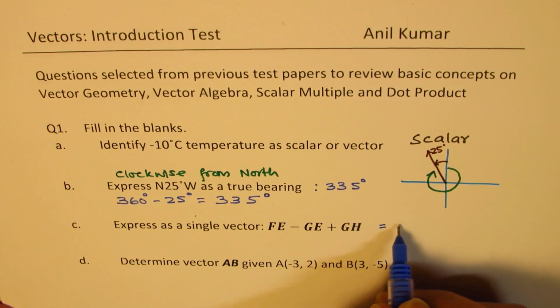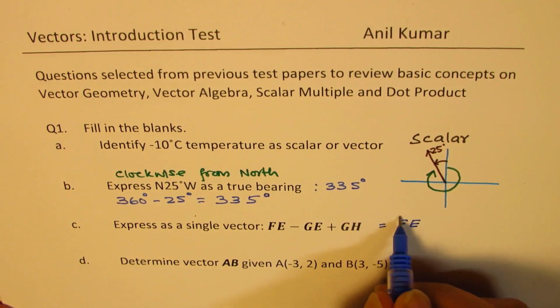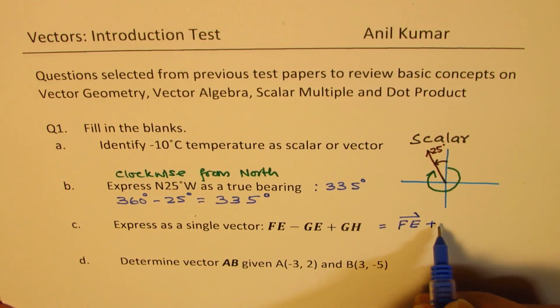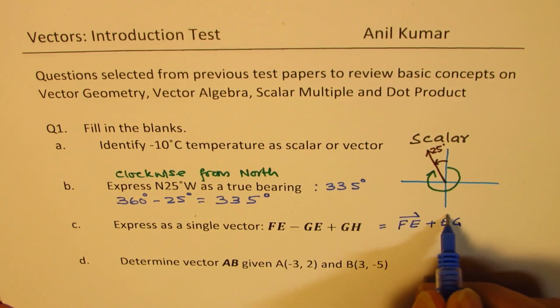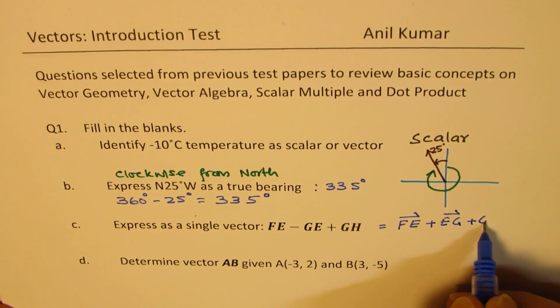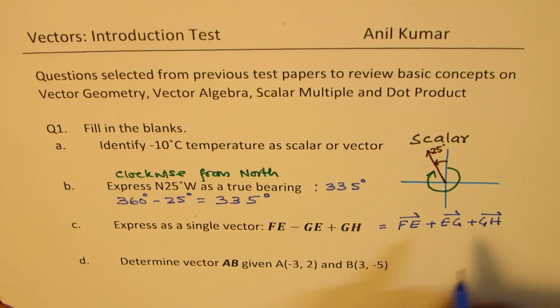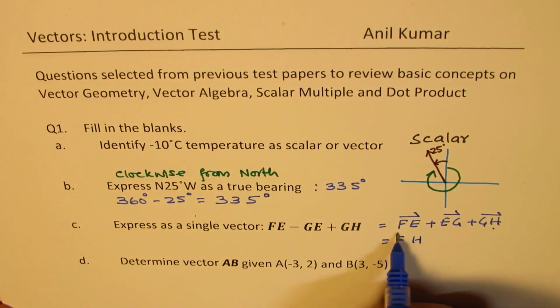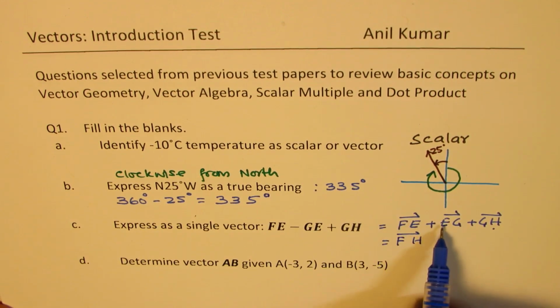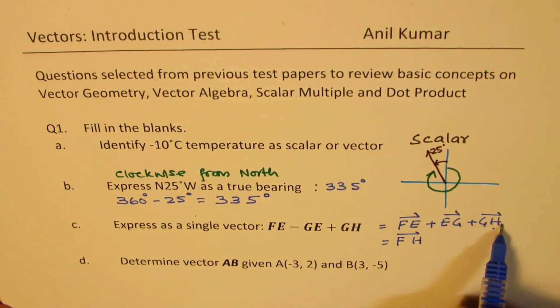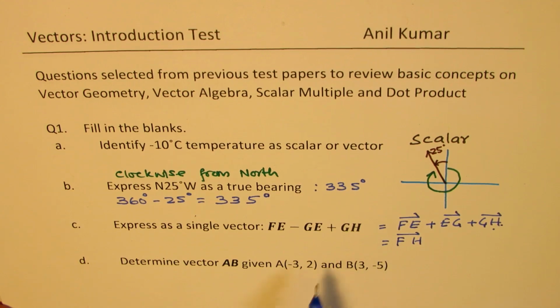So I could write this as F to E, right, this vector, plus E to G plus G to H. So clearly we are moving from F to H, correct? F to E, E to G, G to H. So that is how easily you can solve such questions.